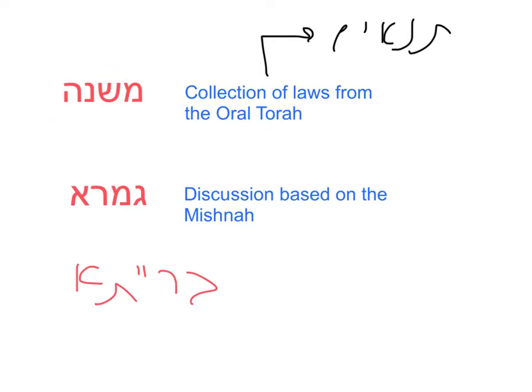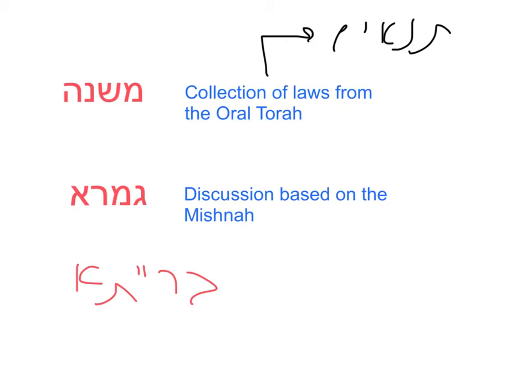Rabbi Yehuda HaNasi, when he finally edited the Mishnah, put all the most popularly kept laws, and the Breita were just statements that were floating around from Tanaim that weren't as popular, and therefore Rabbi Yehuda HaNasi did not include them in the Mishnah. But again, since they're from Tanaim, they are just as significant.